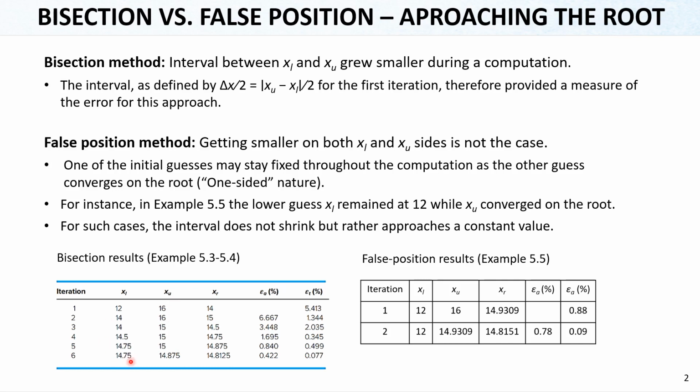So you can see both can change. In the false position, on the other hand, the lower bound was always constant, and the upper bound kept changing and getting closer to the actual value. You can see the error values here. They are very close, and this is actually the true value. These are the features of false position and bisection for approaching the root.